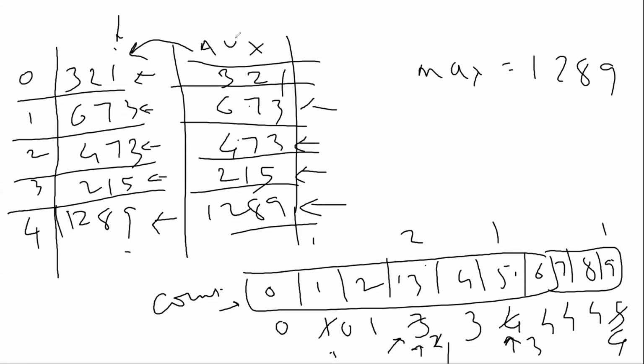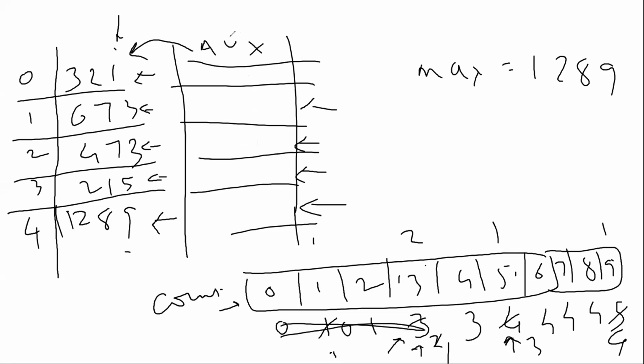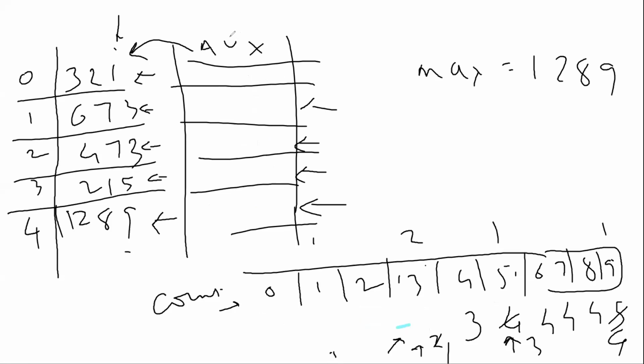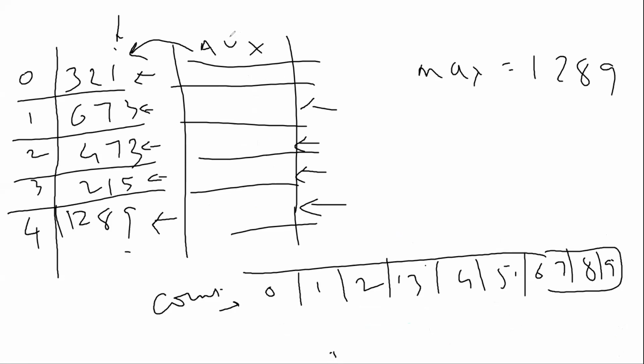I'm sorry, I destroyed the input, but this is what it is. And then again I do the same for the second digit. I repeat the same thing. Again I'll have to do the whole exercise over here. If I do the same thing again for the second index, then I will get most of them at the right places.